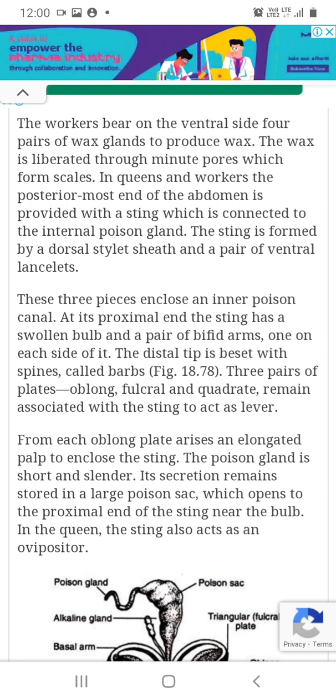We know that the worker bees as well as queen possess in the posterior most end of the abdomen a very important defense system, and it is called the sting, which is used when the worker honeybee senses some great danger.